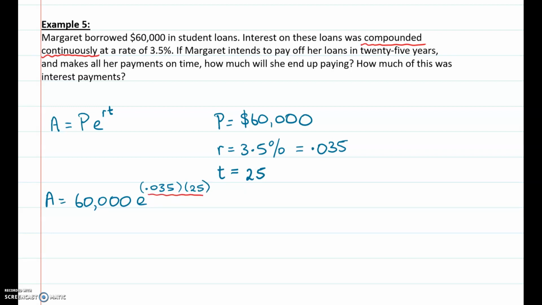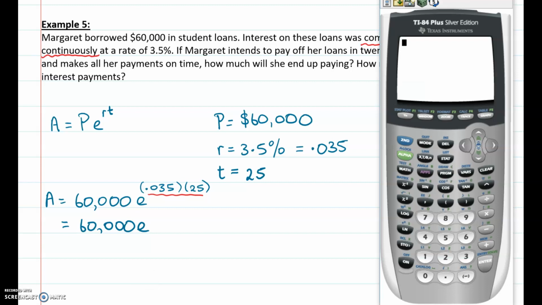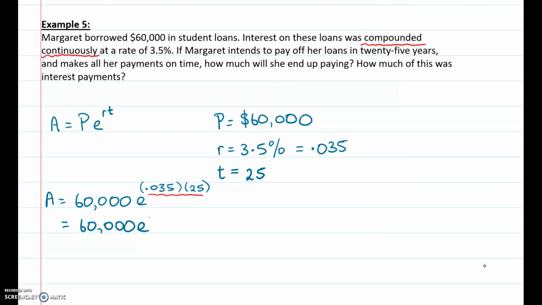When we did these questions before, this is the first thing that we multiply. Let's go to our calculator and do this. 0.035 times 25, and that gives us 0.875. So it is useful to multiply these two first.